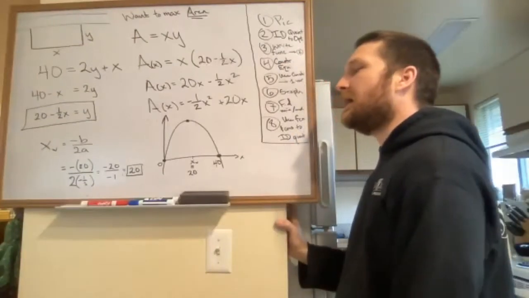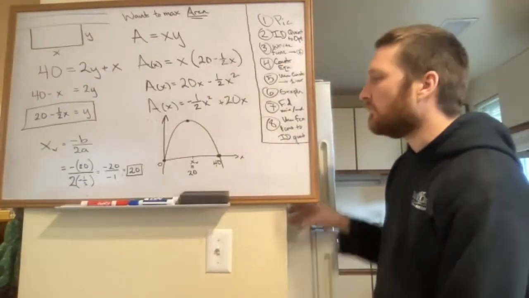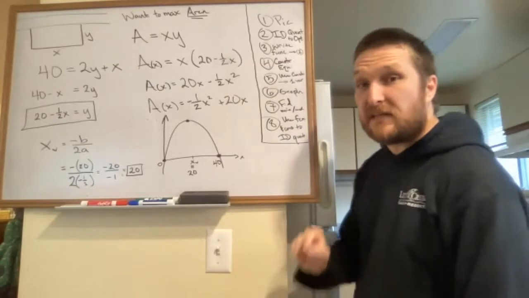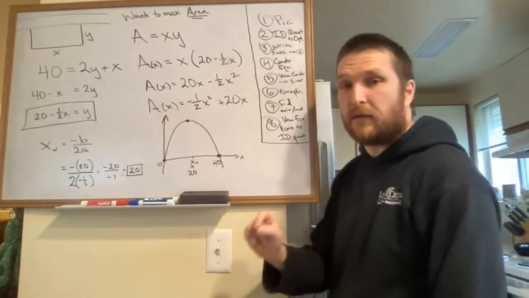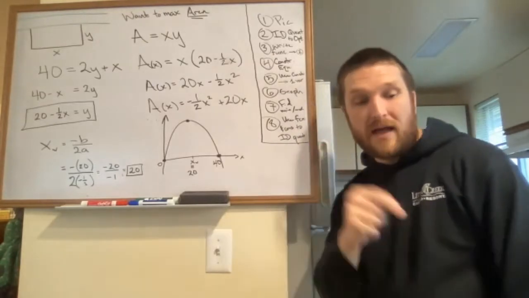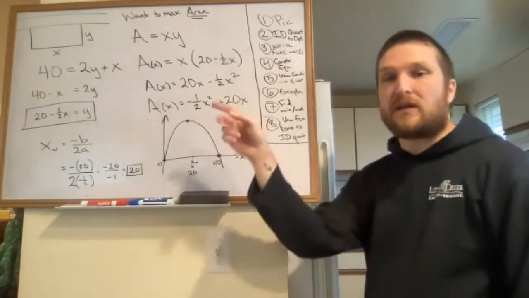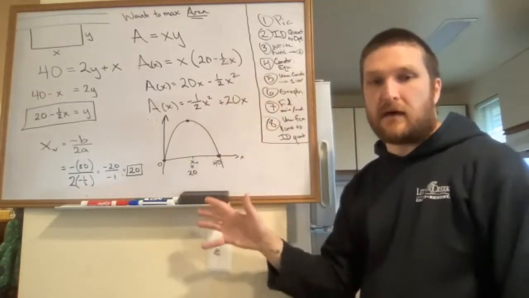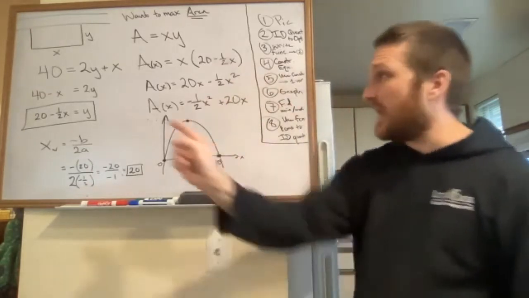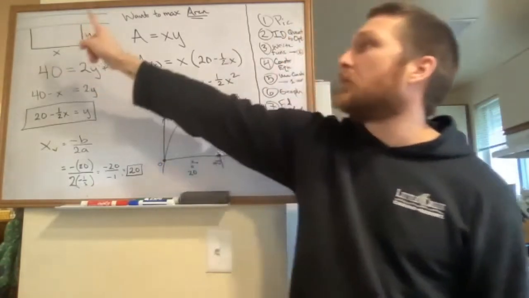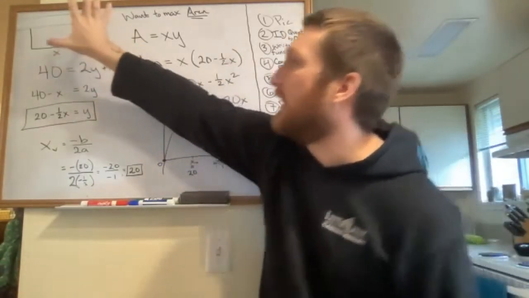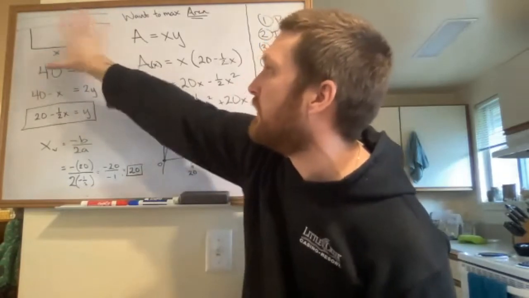But what I'm going to say is for all of these that you do, every single one of them, I don't care what they've asked for, I want all quantities written down. Now that we have an X, I want to know what X is. I want to know what Y is. I would like it written out.